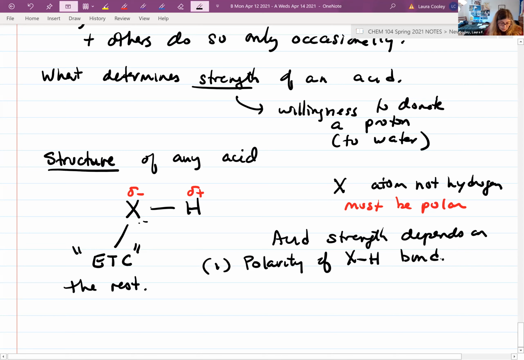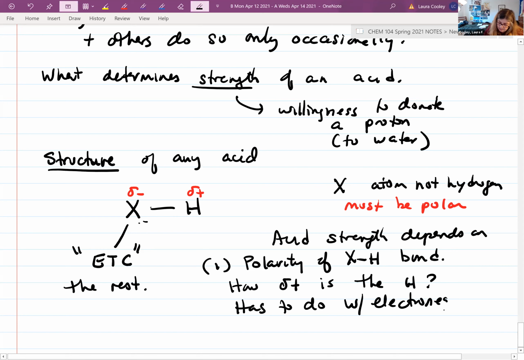So it really has to do with how delta positive, how positive is the hydrogen. So this has to do with the electronegativity of the atom X.